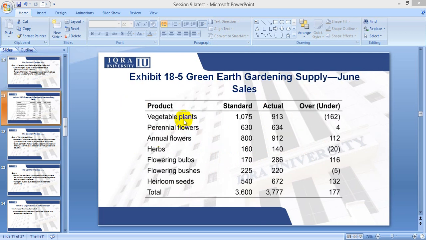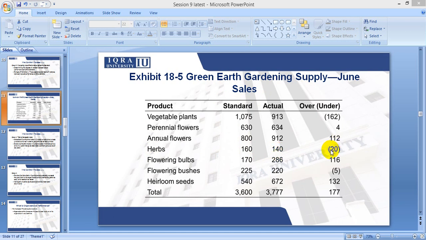So for making this comparison easy, we are here with exhibit 18-5. It's a Green Earth Gardening Supply June sales report. Right, now let's randomly pick some product. For example, herbs. Of supply, we are talking about the sales. The standard was to sell 160, and in actual we came up with 140.